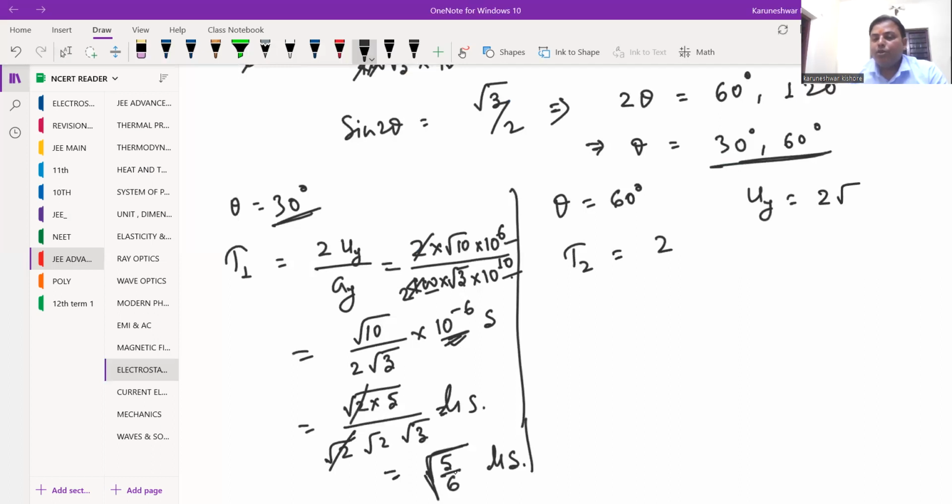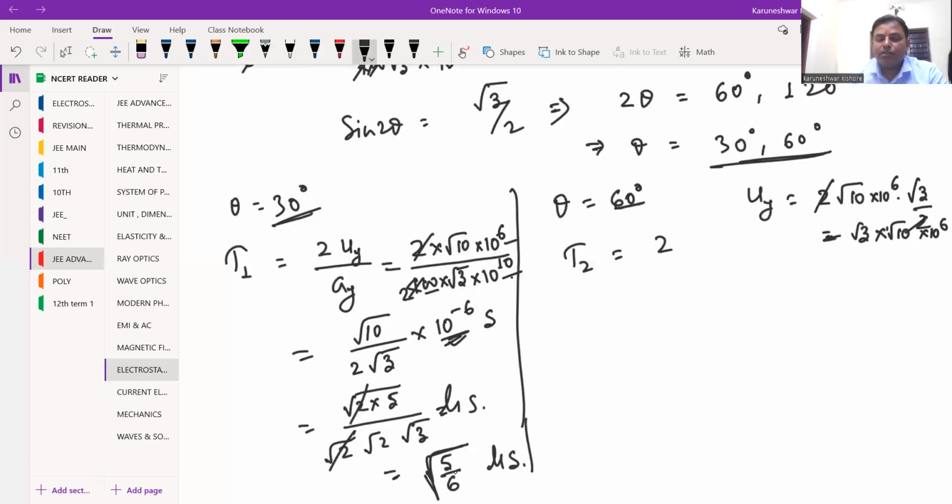It will be 2 root 10 into 10 to the power 6, and then sine 60. Sine 60 means root 3 by 2, so the 2 gets cancelled out. So uy in this situation is root 3 times root 10 times 10 to the power 6.